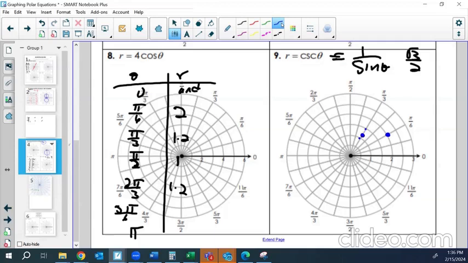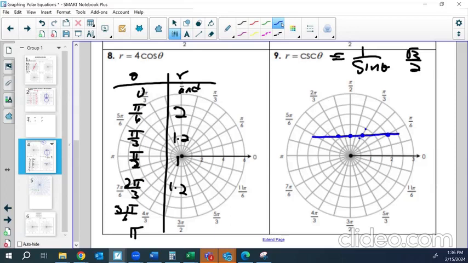Pi over 2 is 1, so 1 is right there. 2 pi over 3 is 1.2. You can see what kind of shape this is. It's a straight line.